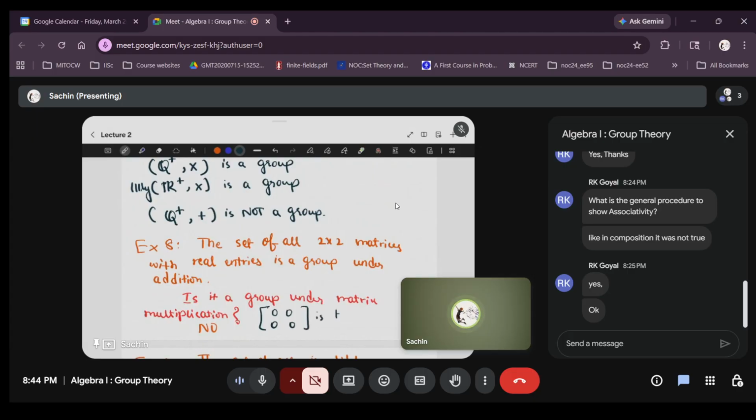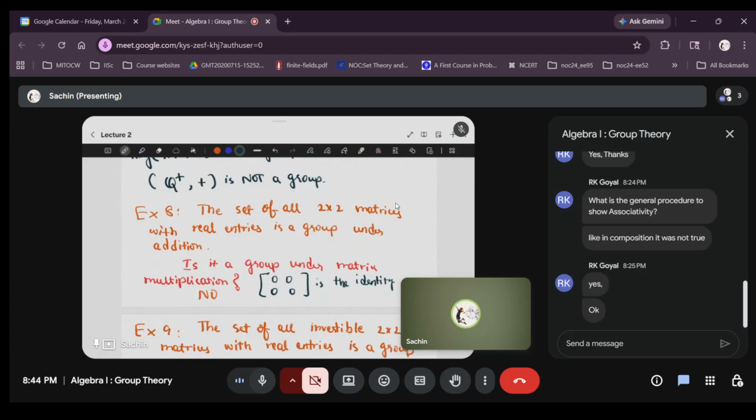So this is the identity in this case, and what was the inverse here for a matrix A, B, C, D?